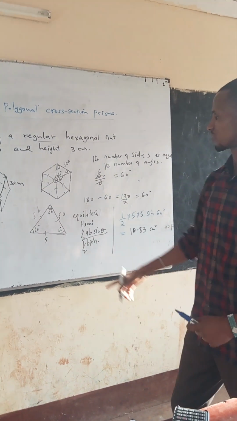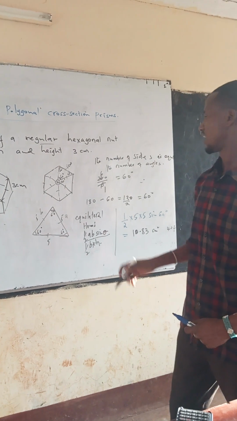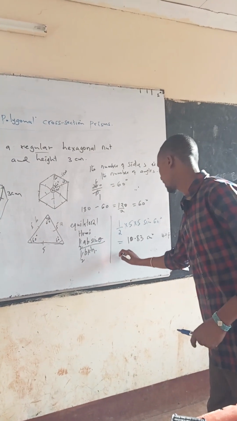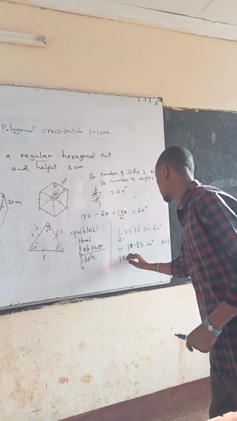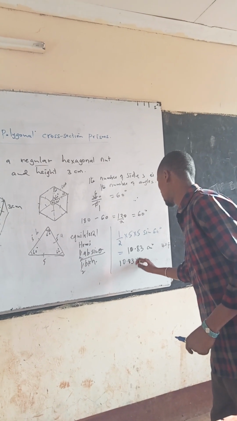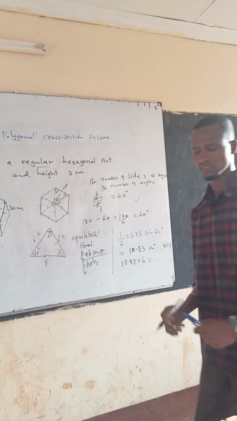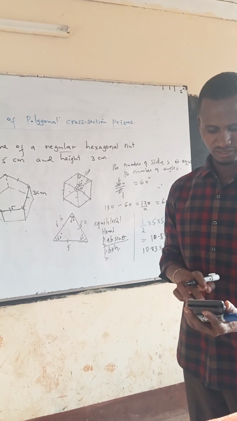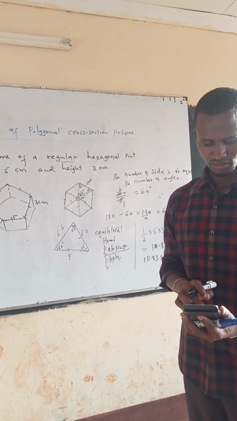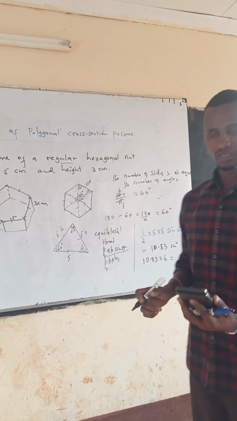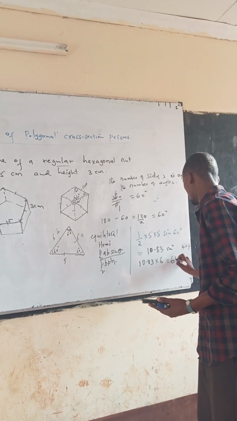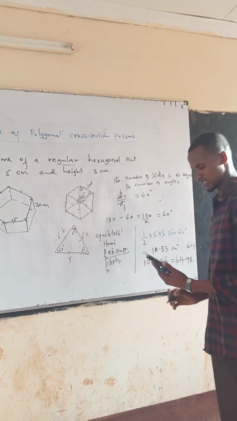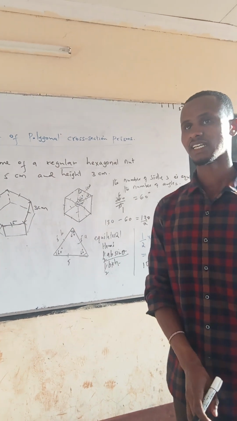So this is the area of one triangle, and to get the area of the six triangles, we say 10.83 times 6. This will give us 64.98.